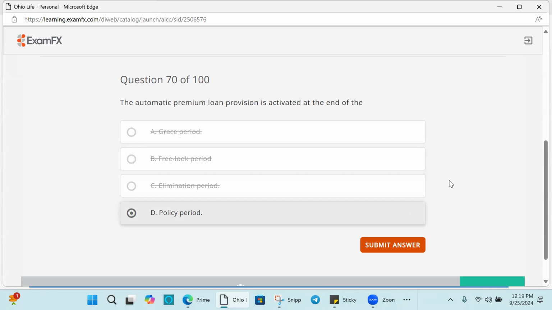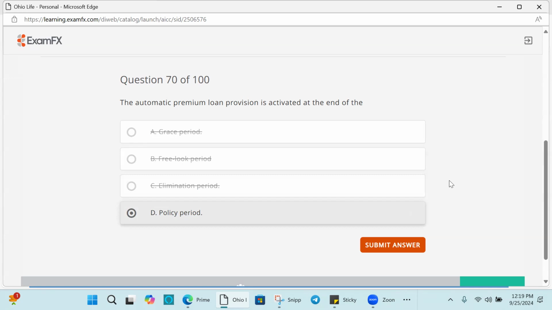What is this automatic premium loan? I'm sure we talked about it. Mostly it's on universal life, but if I have the automatic premium loan provision and I haven't paid my premium by the end of the grace period, they're going to borrow the premium money from the cash value, so the policy does not lapse.